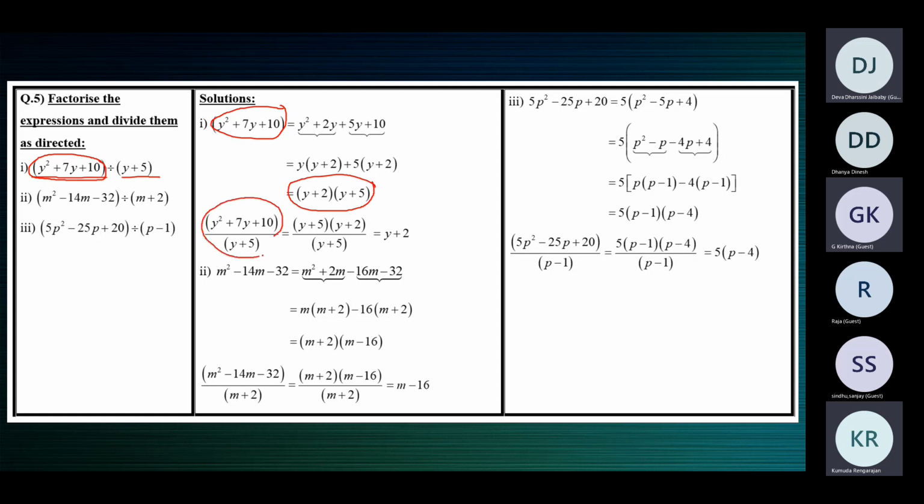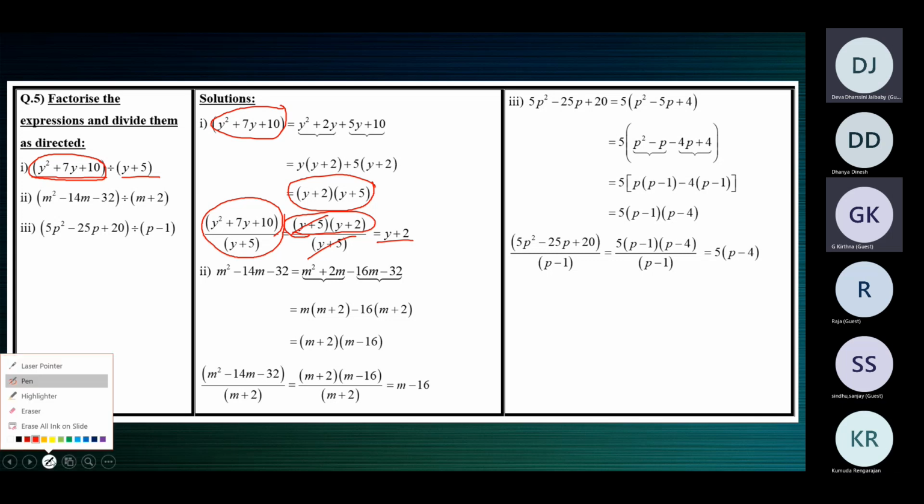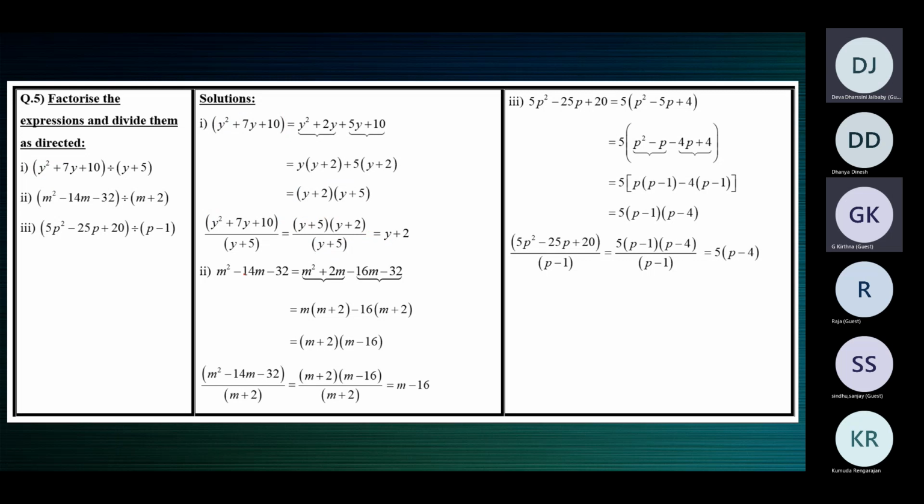Y squared plus 7y plus 10 divided by y plus 5 is equal to y plus 5 into y plus 2, divided by y plus 5. They get cancelled. The answer is y plus 2. You can also write y plus 2 into y plus 5 in either order. That's fine.